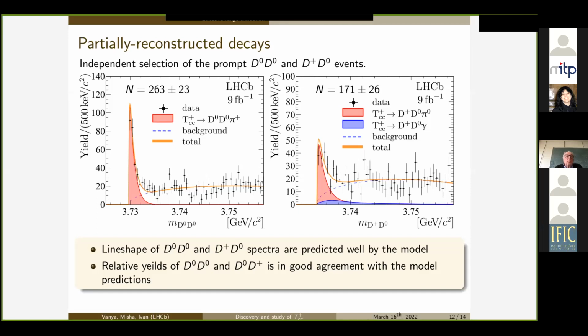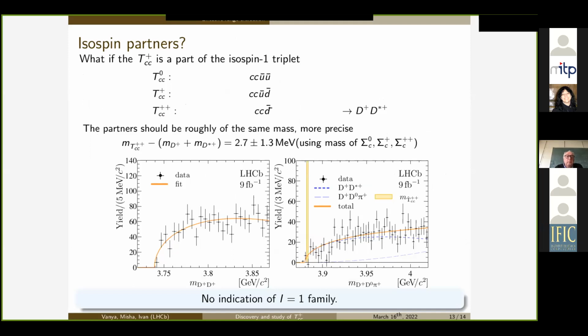Though everything we do is in agreement with data, one can still ask, what if this tetraquark is not the isoscalar as we have assumed, but the isovector? In that case, we understand that there should be a doubly charged partner, slightly above the D star threshold, and therefore it should give a comparable reflection to the D plus D0 pi plus combinations.